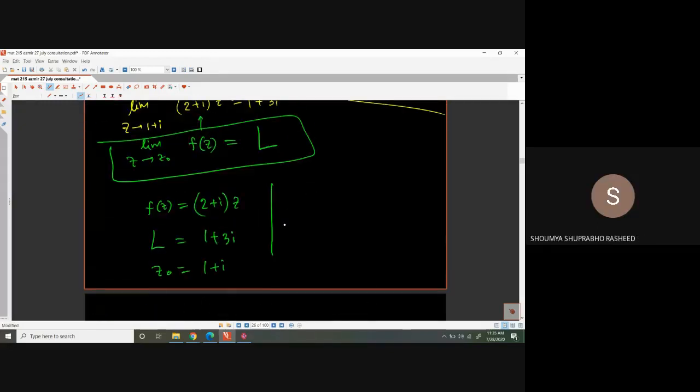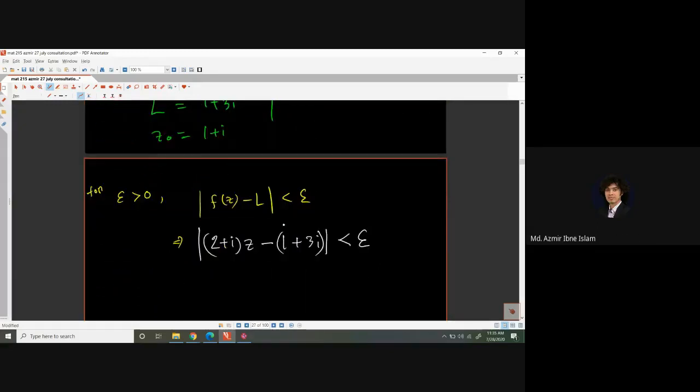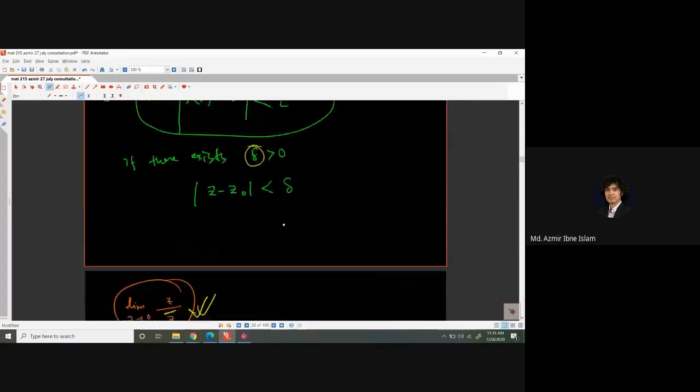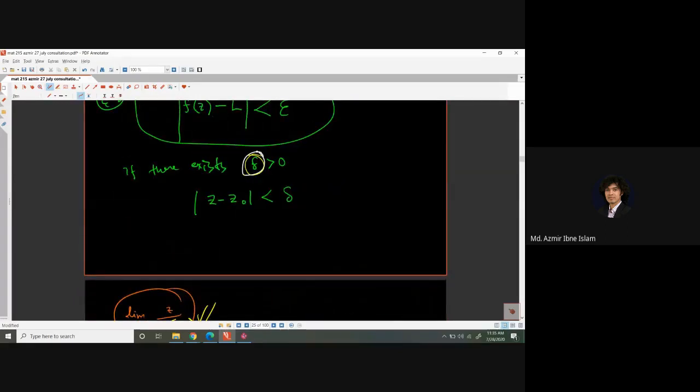Yes, sir. Now our target is to find a delta that is greater than 0. That must be a positive number. That will be a small value for which this condition holds. Is that okay?